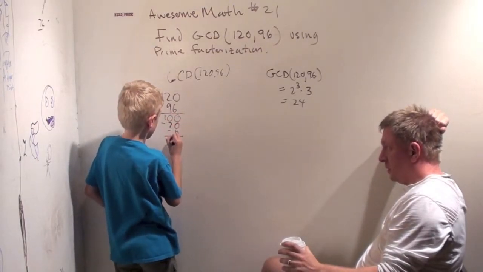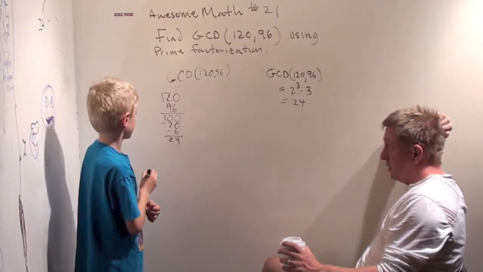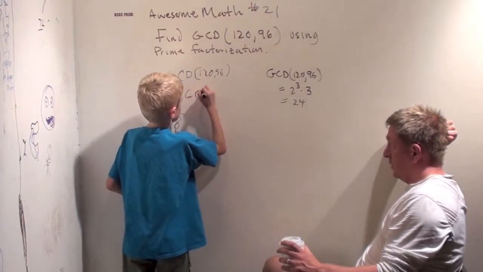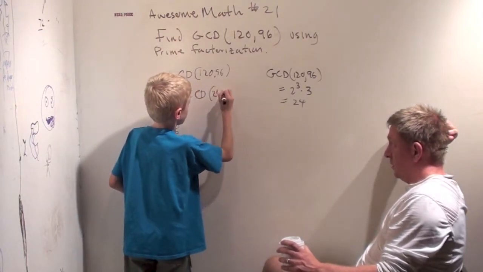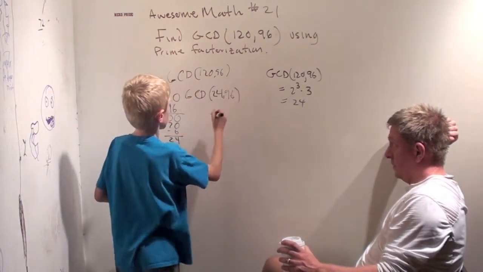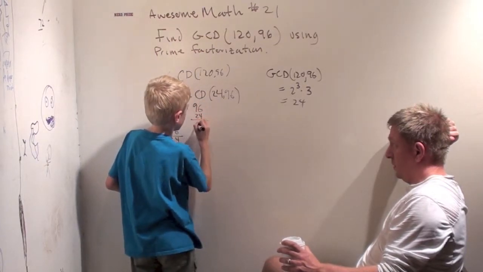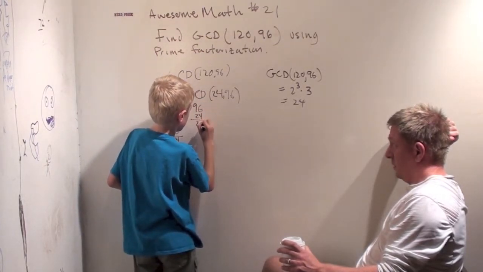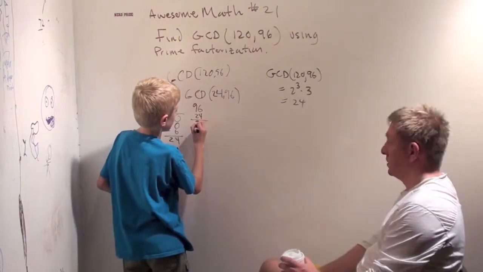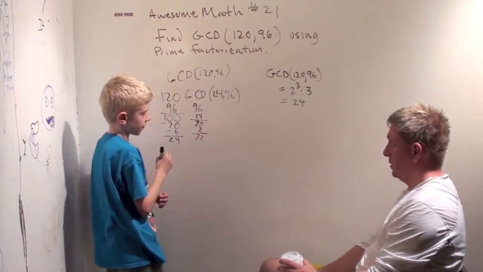So this is 24. Okay. So this is GCD of 24 and 96. So 96 minus 24 is going to be 72.